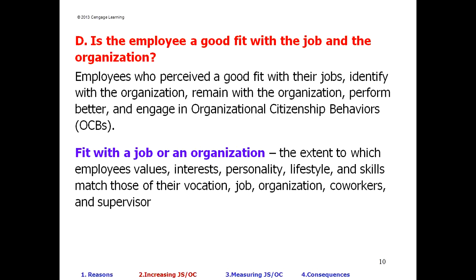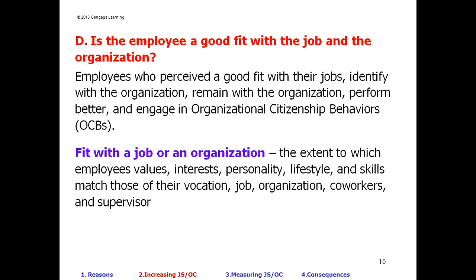Now, organizational citizenship behavior is nothing but following the rules, regulations, and conduct of the company and trying to be prepared for any eventualities or challenges faced by the company.